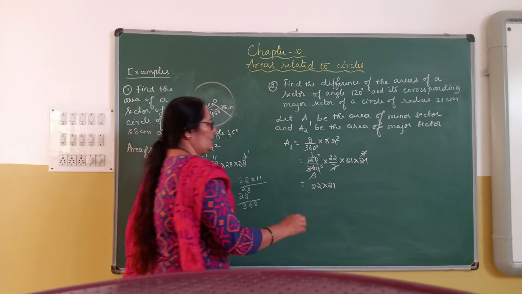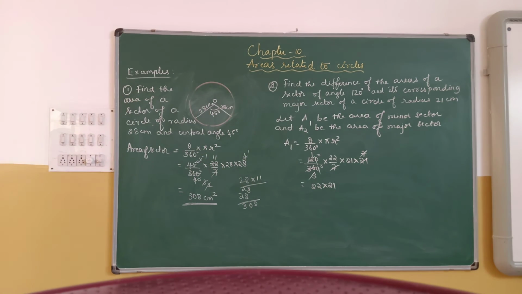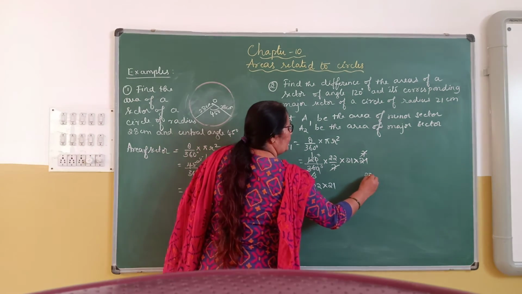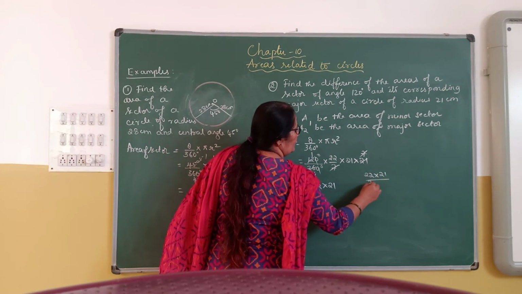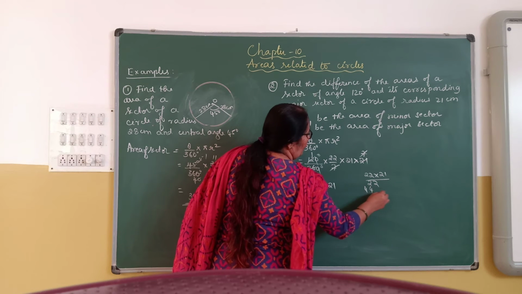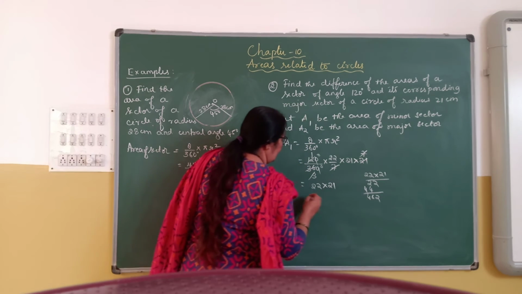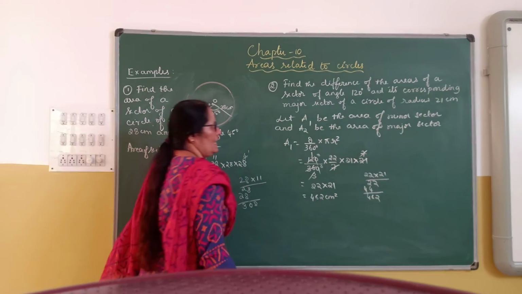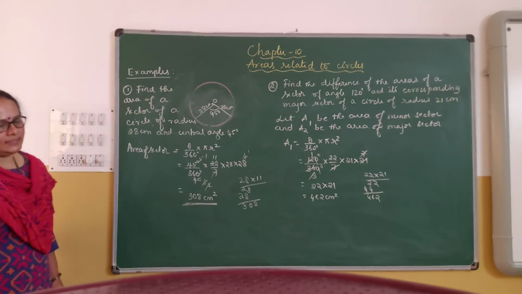Multiplying 22 into 21 gives 462 centimeters square. So this is the area of the minor sector.